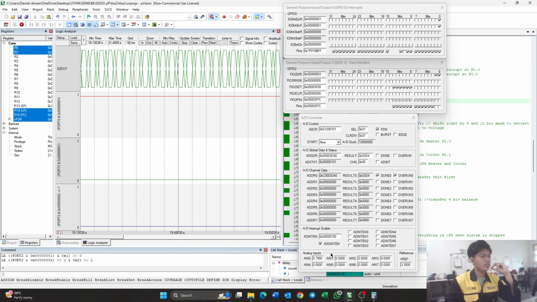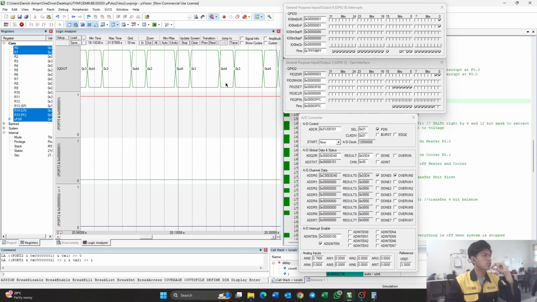The data value that is sent to the PC, which is 3D4, is the same as the analog to digital converter.